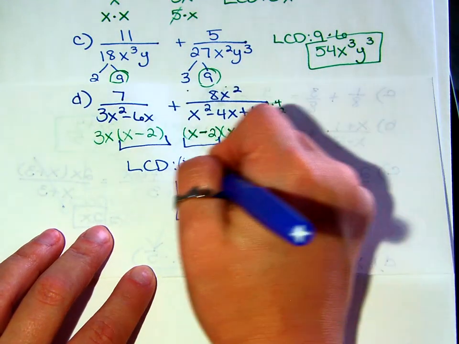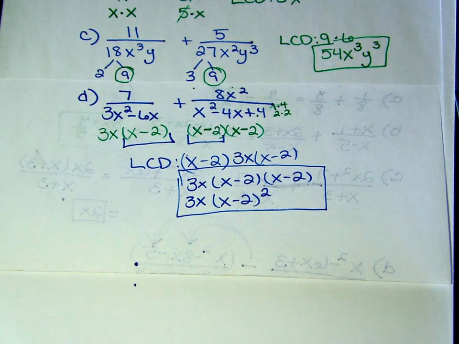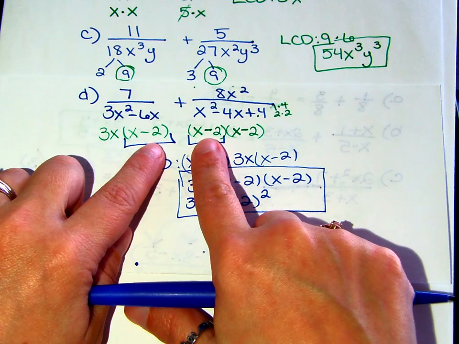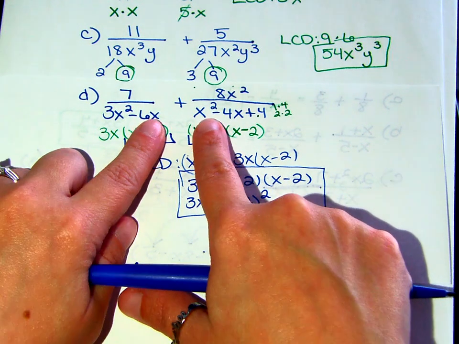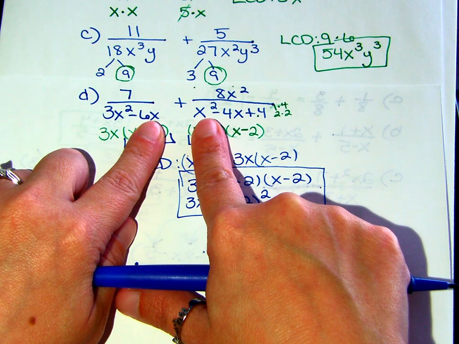You don't have to distribute, you don't have to FOIL, you don't have to do all of that yuck. You get to leave it in the factored form because all we're trying to do is learn how to identify these least common denominators. So what they share, I wrote down once, and that's why I put boxes around them, so I remembered I already dealt with these. And then anything else that's left over, you also will include in your least common denominator.